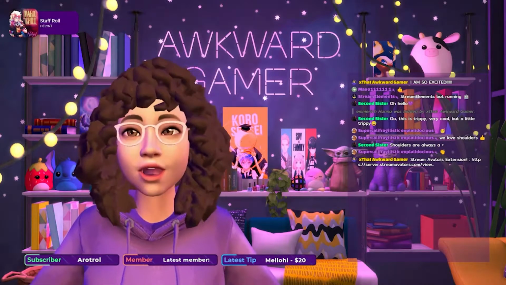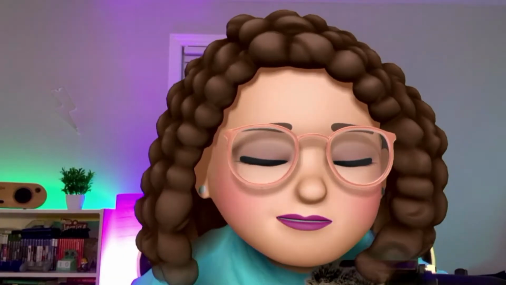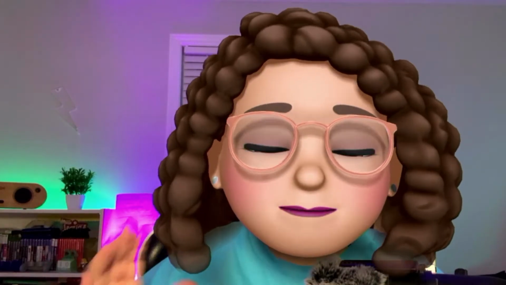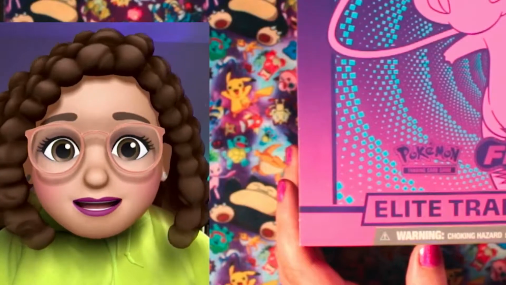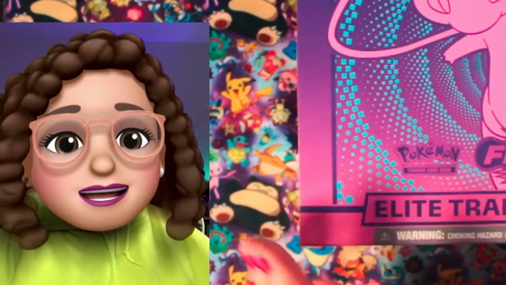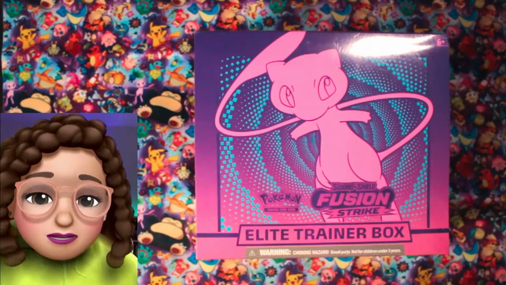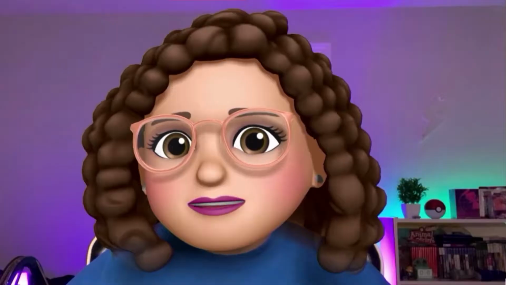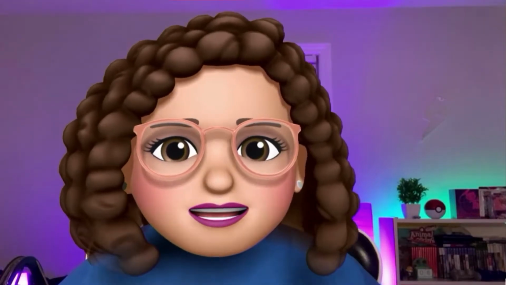Even filming the Memoji videos where you could see my body and the Memoji was over top held me back. Those videos actually were really hard to make, one, because the Memoji is not made to be used the way I was using it. So I was running into a lot of technical difficulties, and I was getting anxiety because in that scenario, the Memoji did not track very well.